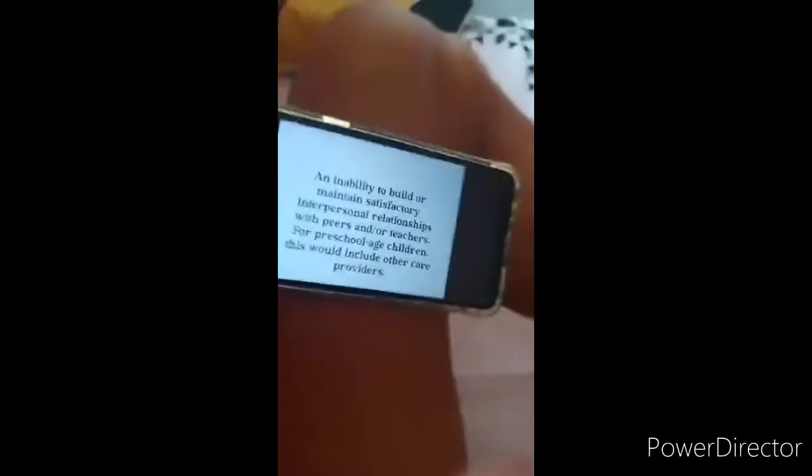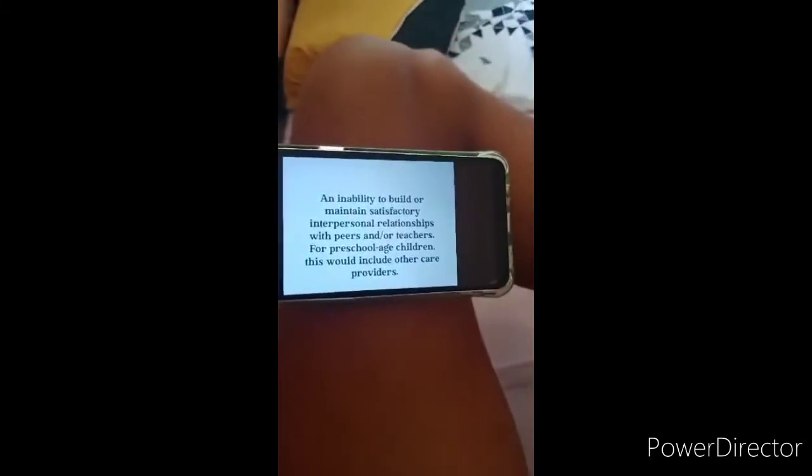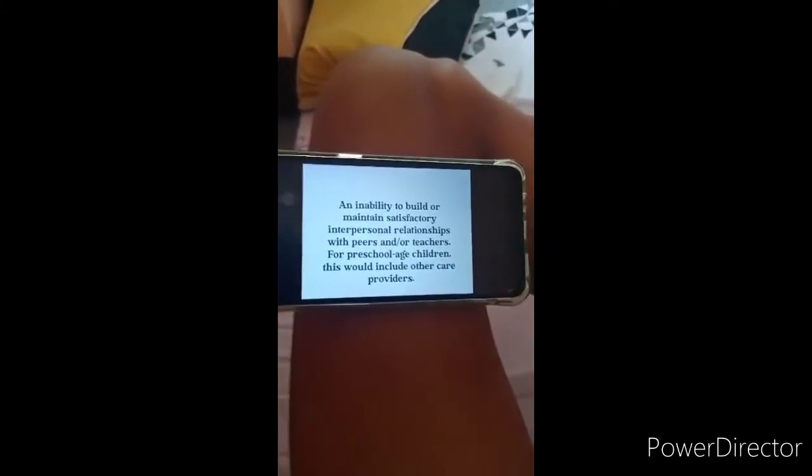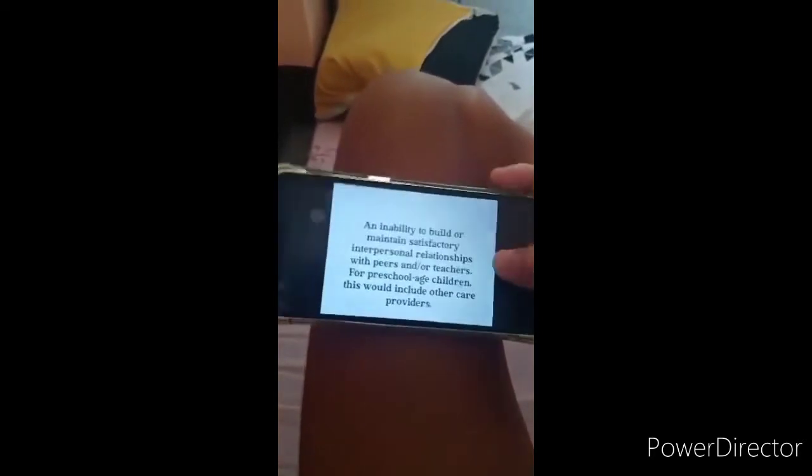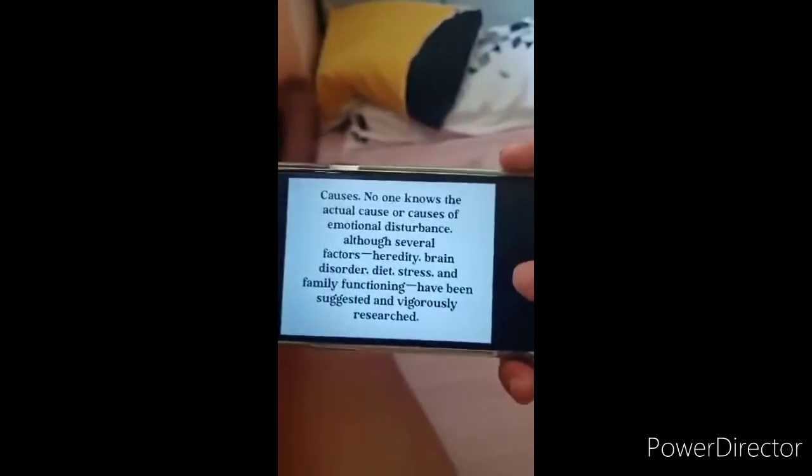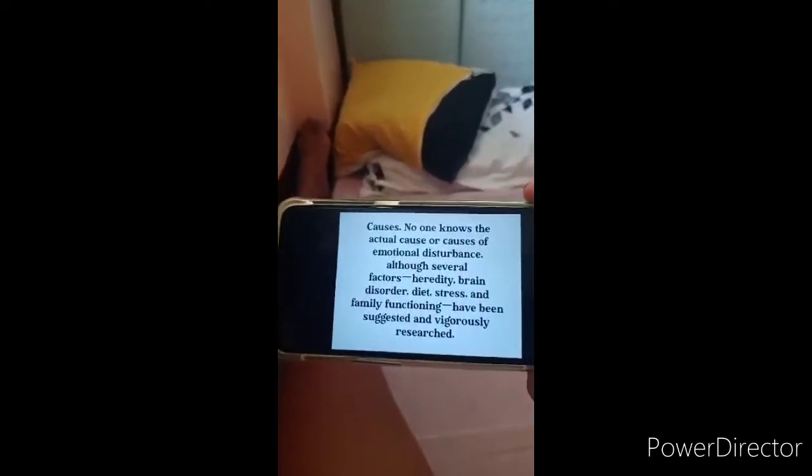For preschool age children, these would include other care providers. This is the cause of social emotional disorder.